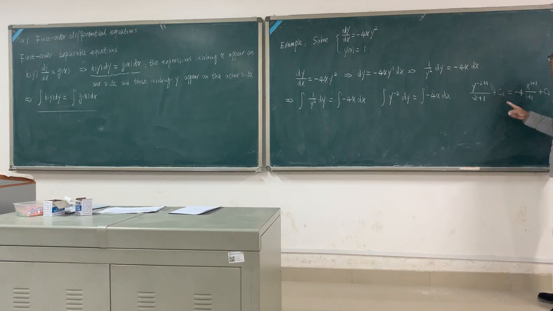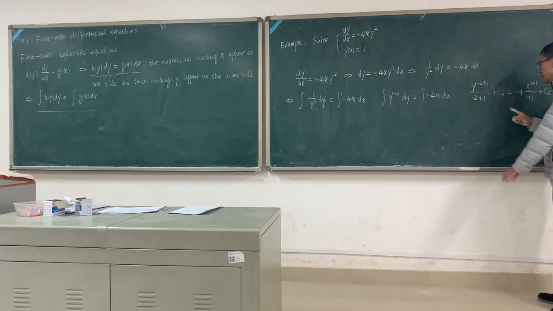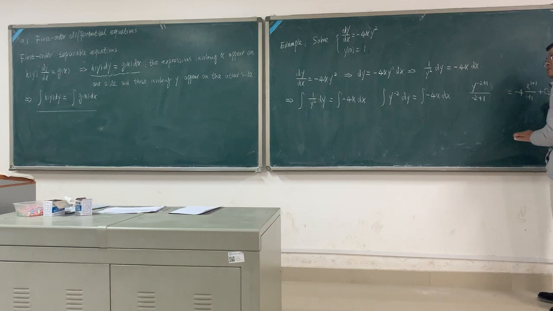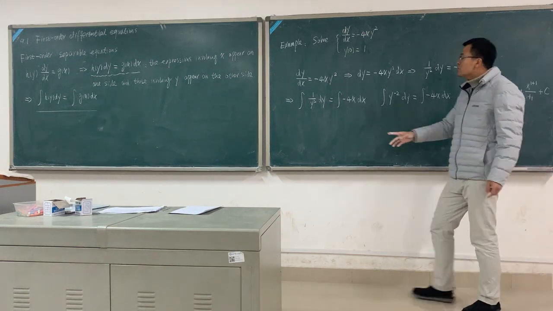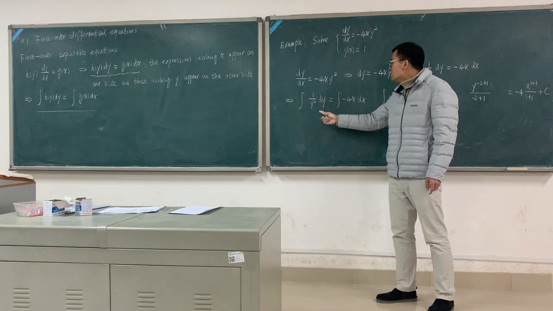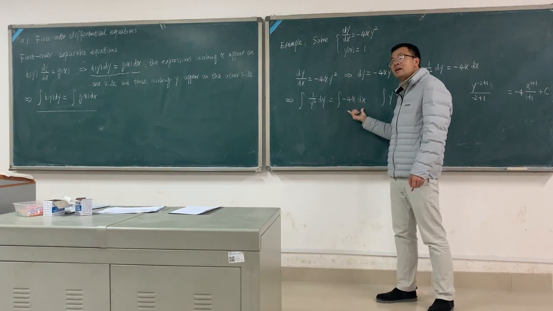But actually here is c1, here is c2, so we subtract and get c2 minus c1. So we combine them into one constant c. For this antiderivative, we just let c equal to 0, and the other one equal to c.